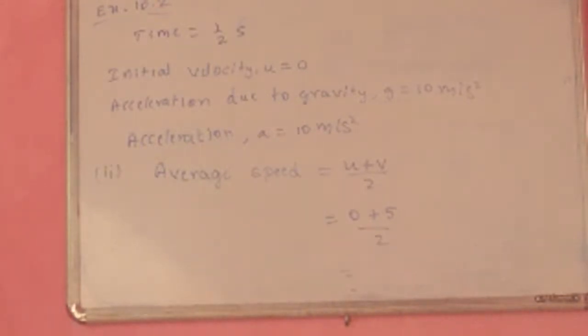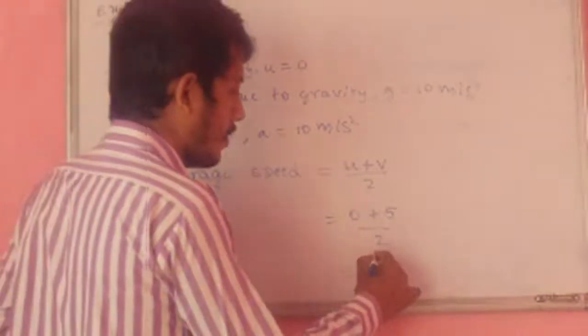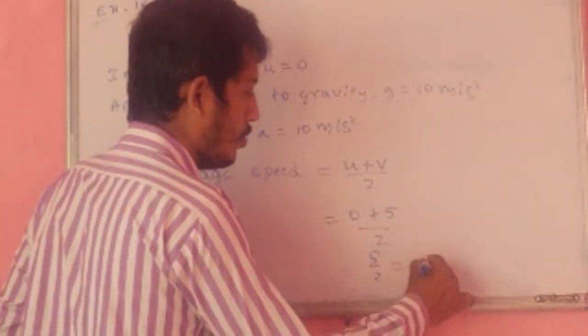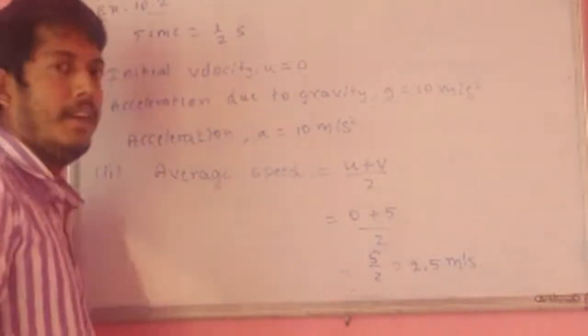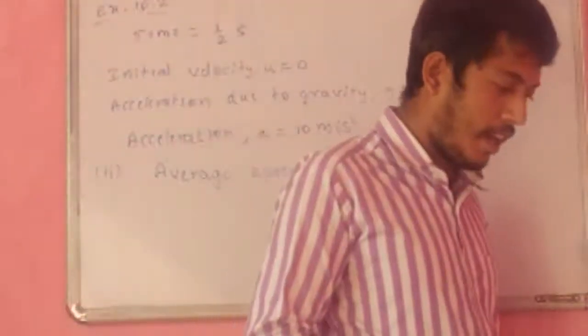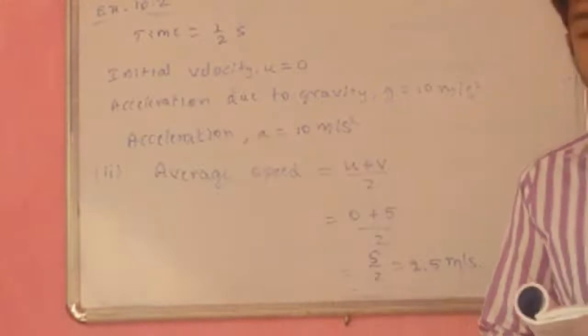All are giving the answer as 2.5 meter per second. Okay, your answer is correct. So 0 plus 5 is 5 by 2, and that equals 2.5 meter per second. That is the answer for the second sub question, the average speed.